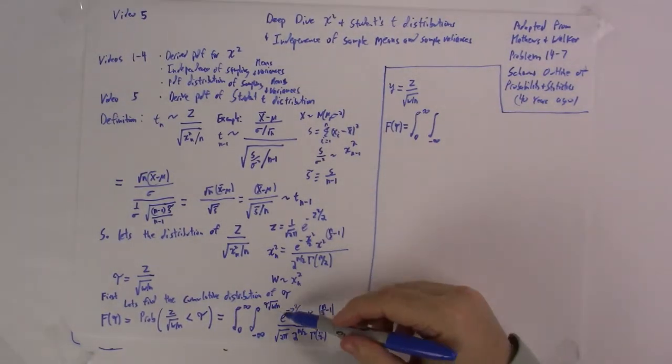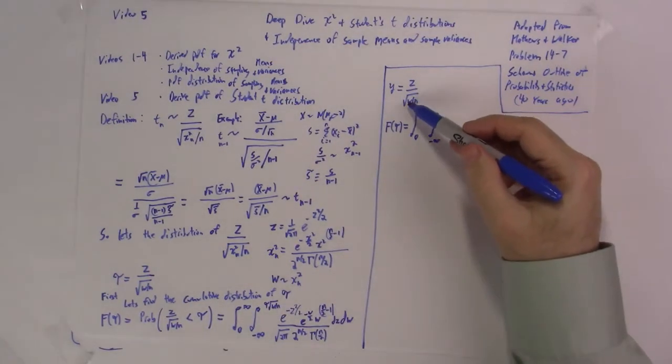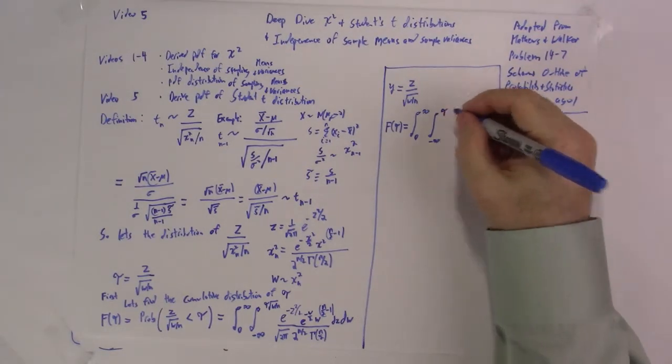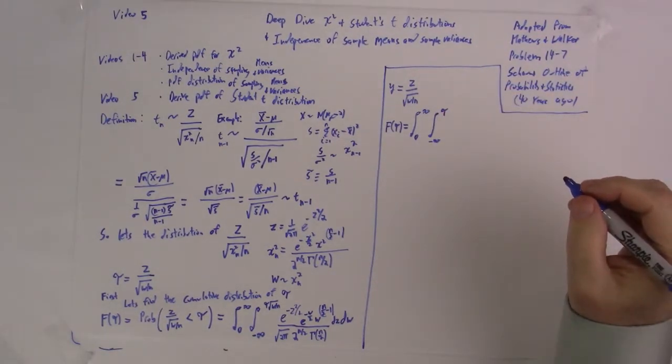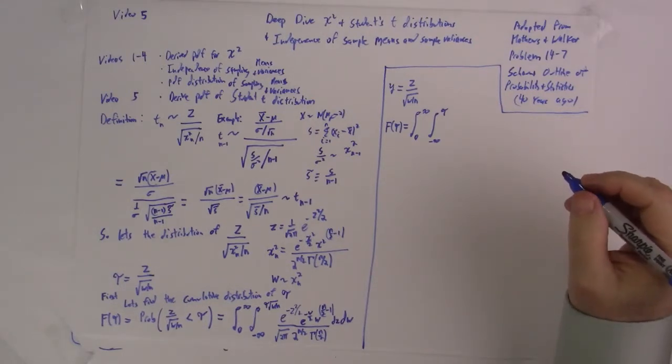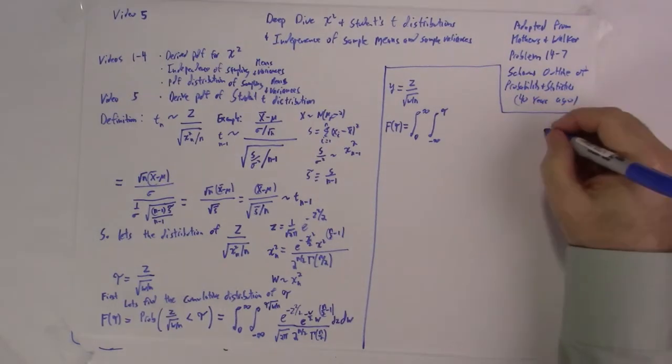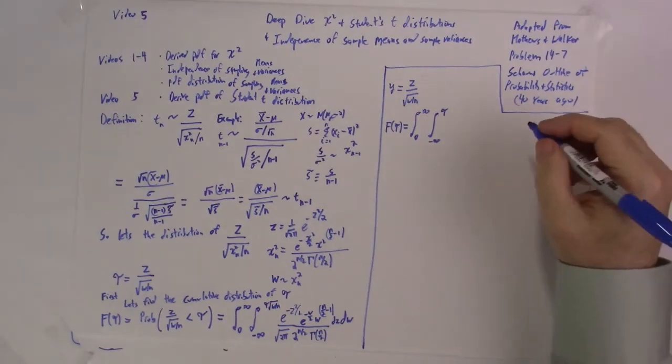Here, when z equals tau times the square root of w over n, the square roots cancel, and so y just becomes tau. So the integral from minus infinity to tau, dw is for the outside integral.